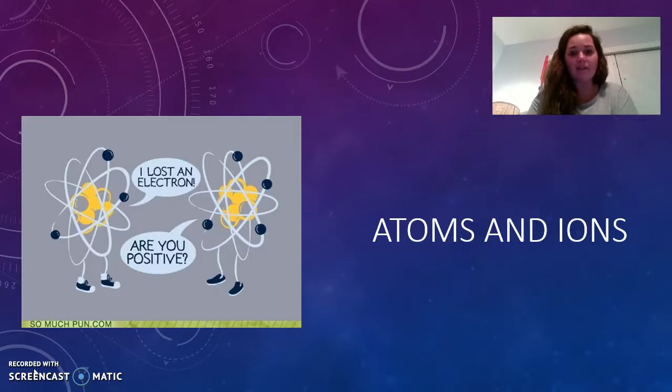So if you have a cation and an anion, they are attracted to each other. Opposite charges attract, and so those can form what is called an ionic bond. An ionic bond is a metal and a nonmetal that are attracted together based on their charges. So for example, table salt or sodium chloride can form an ionic bond.